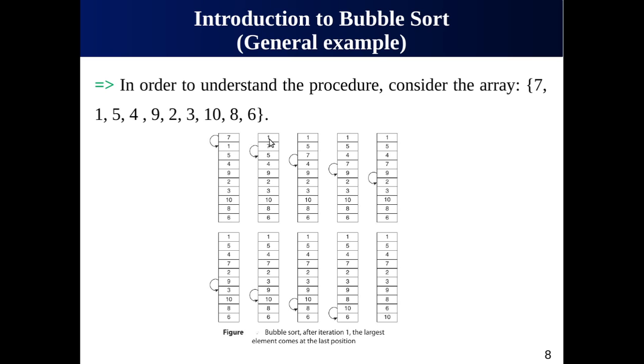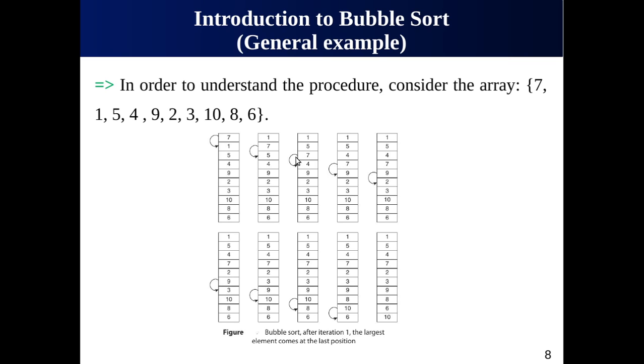Now 1 is at the first location and 7 is at the second location. Then you repeat the same process until you reach the end of the list. So you compare the second element with the third element, that is 7 with 5. As 7 is greater than 5, swap them. Now 5 is at the second location while 7 is at the third location.